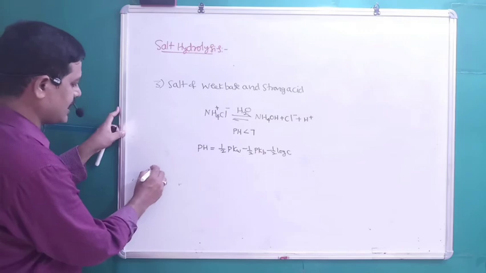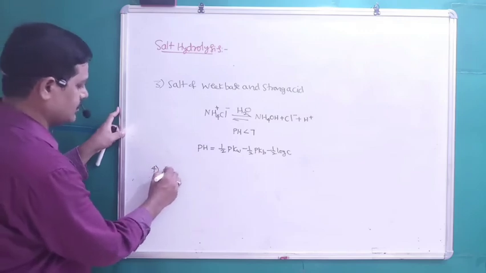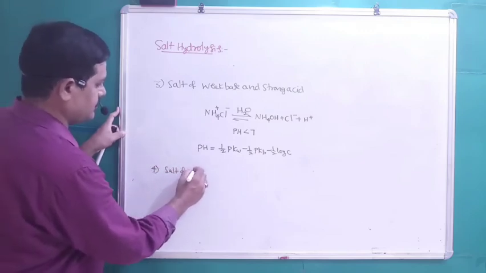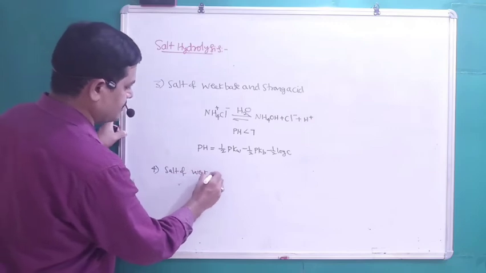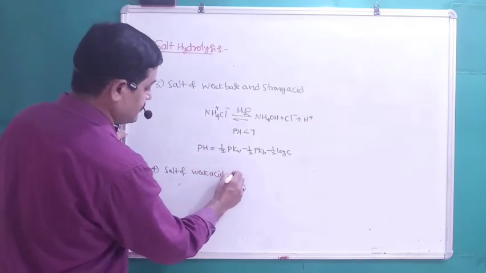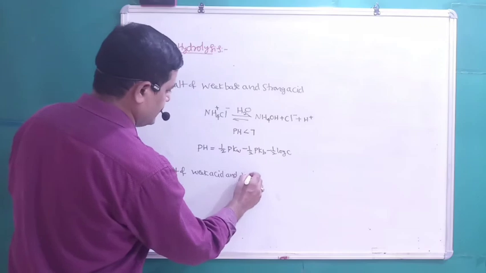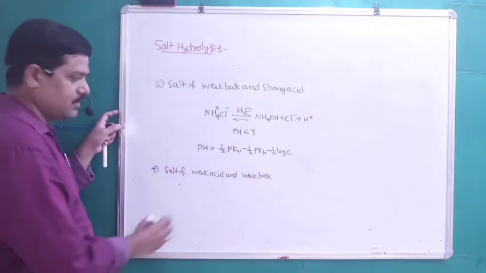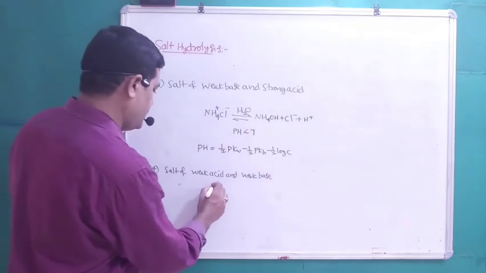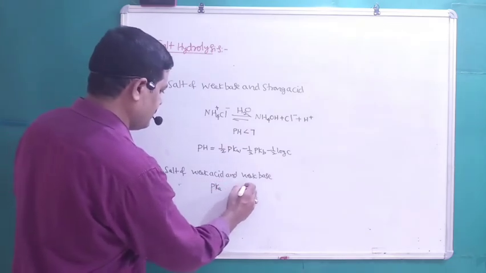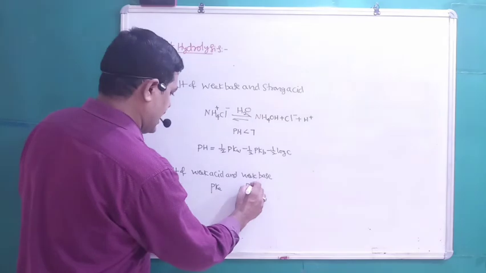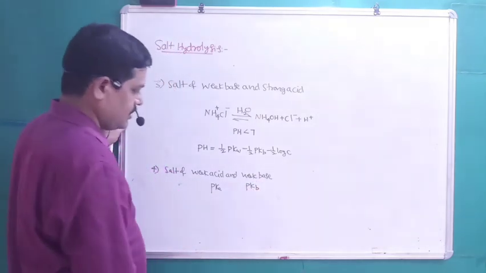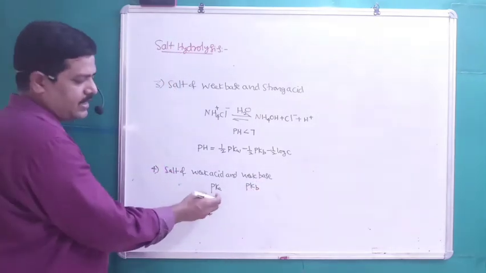The fourth type of salt is salt of weak acid and weak base. The pH of these salts will depend on the pKa and pKb values of the acid and base, or we can also compare the Ka and Kb values.